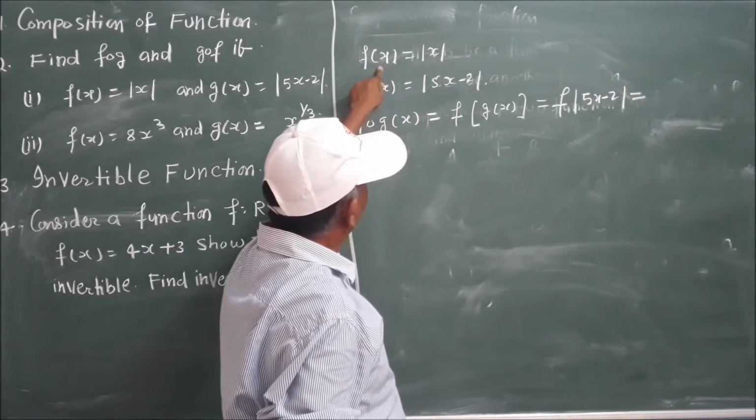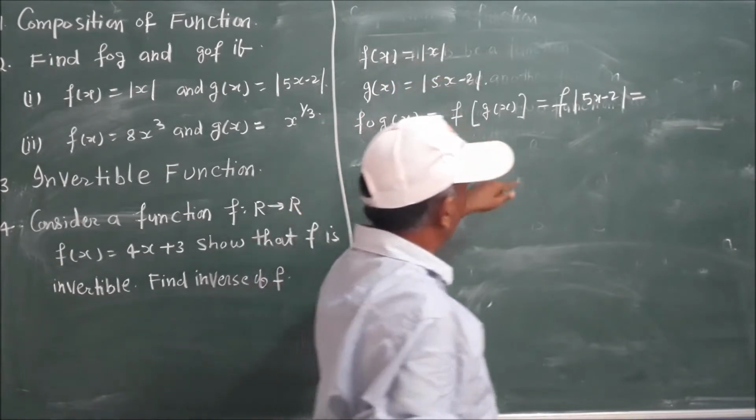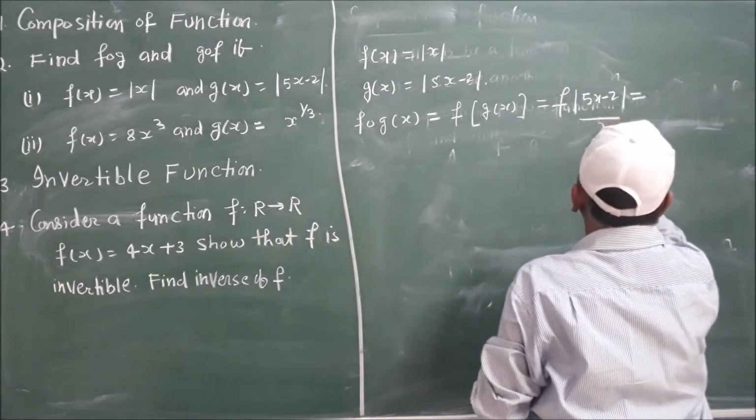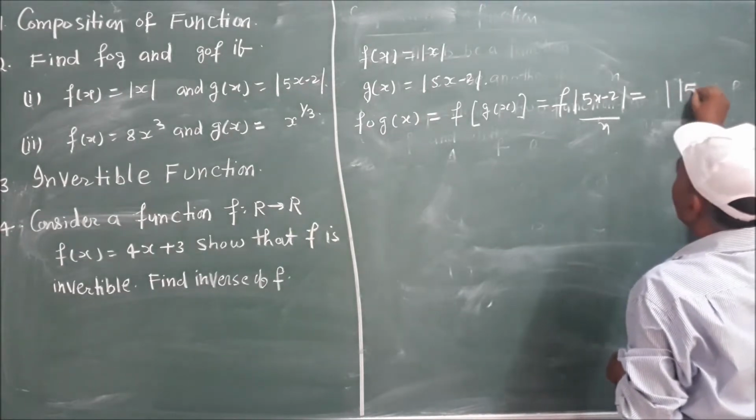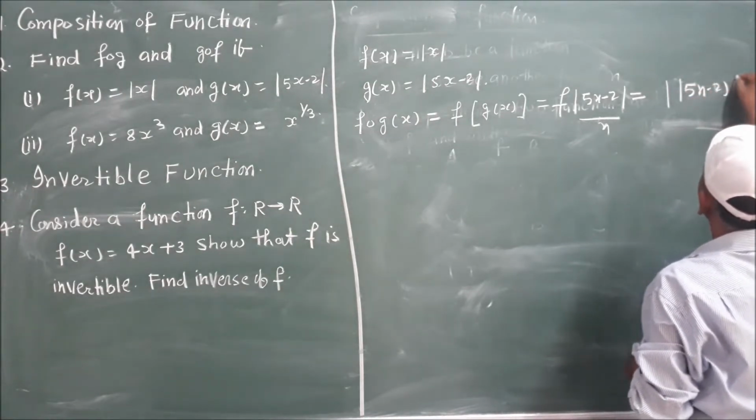See, here is x, then here will be mod of x. In place of x, here is this function. So this will be equal to mod of 5x minus 2.